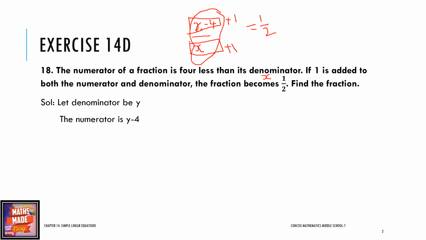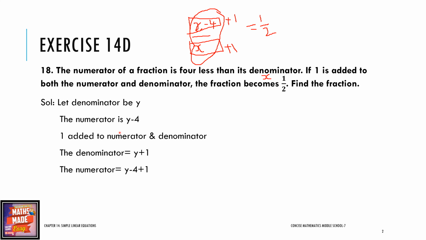So to this we need to add 1. If 1 is added to the numerator and denominator, this is the denominator and this is the numerator, right? So 1 is added to the denominator, y plus 1, and to the numerator, y minus 4 plus 1, right?